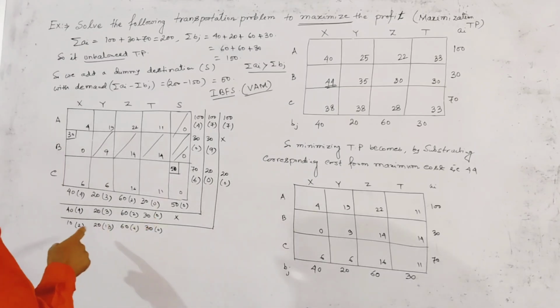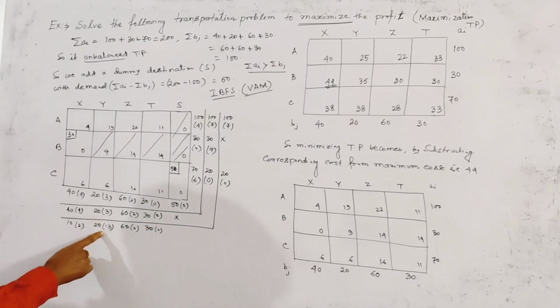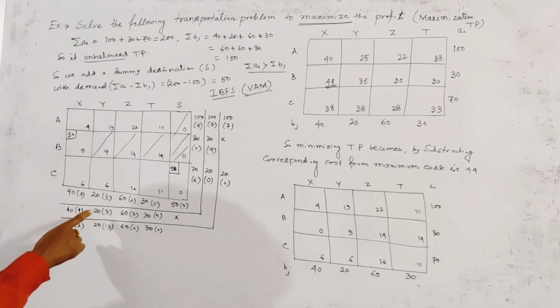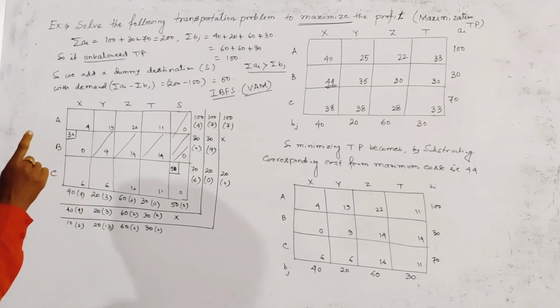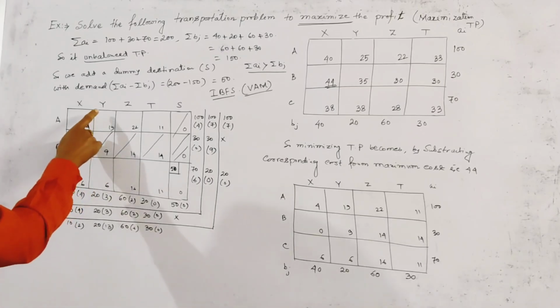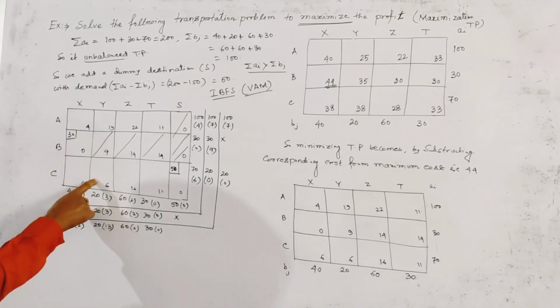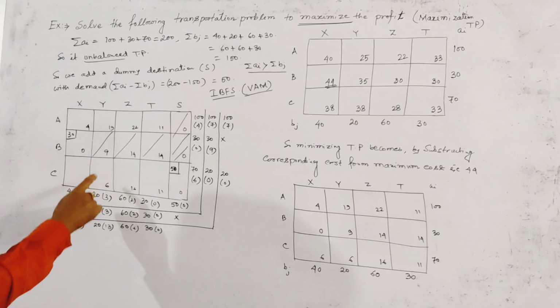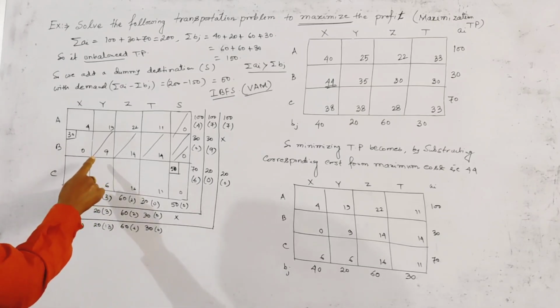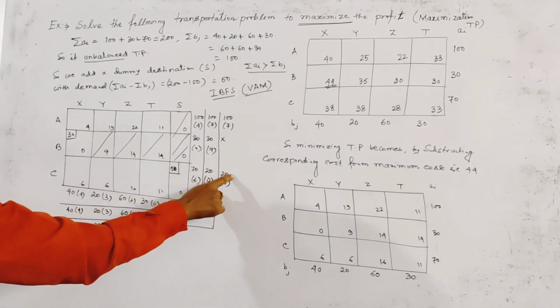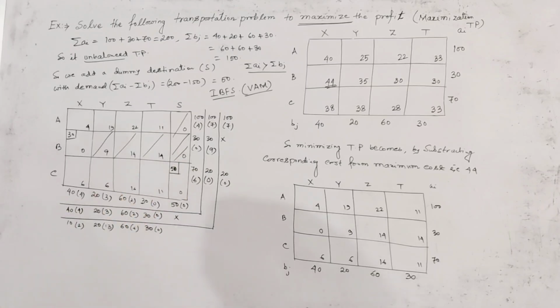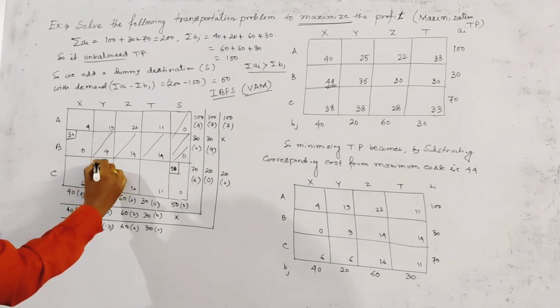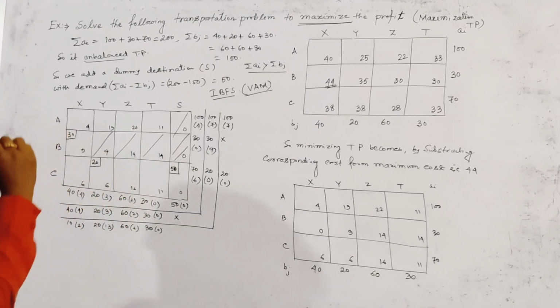Now here the maximum penalty is 30, so we allocate here, that is in the second column. Here the minimum cost cell is 6, so we allocate 20 units because demand is 20 and capacity is 20, so we put here 20 units.